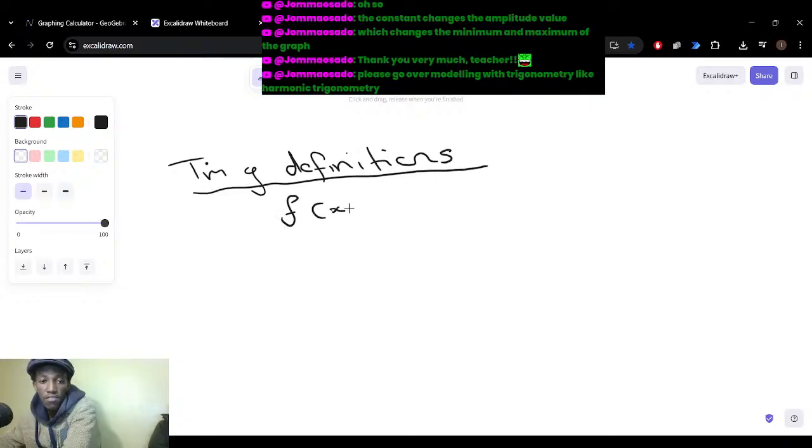F of theta and x equals x sine theta. So from this equation, function f takes in two variables, theta and x.